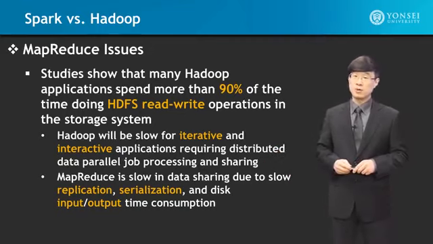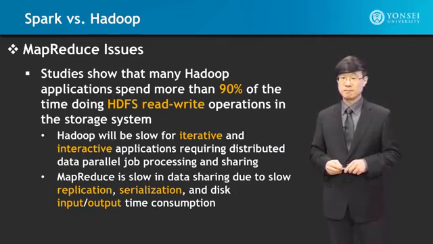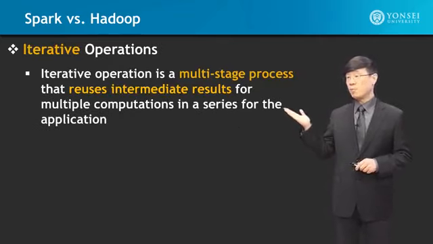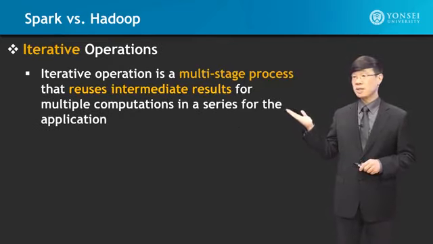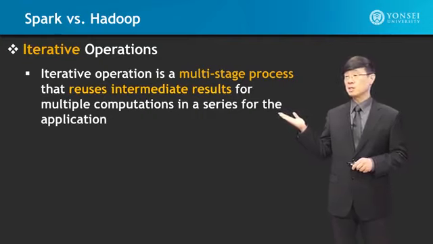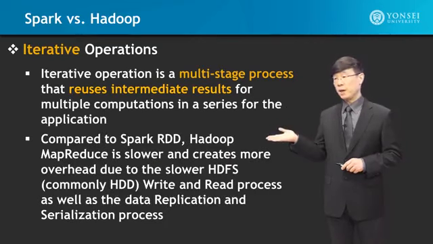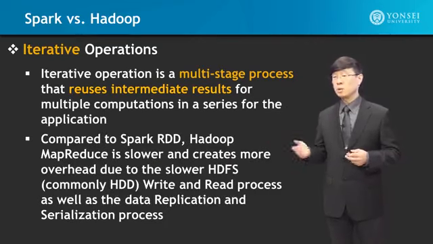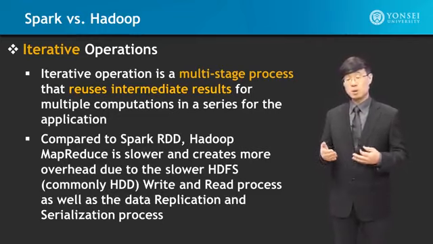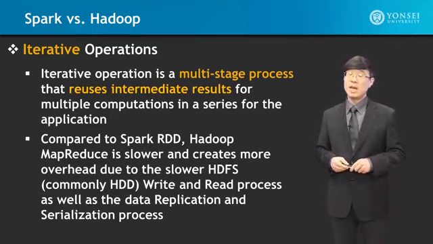We'll also include further details on serialization. Iterative operation is a multi-stage process that reuses intermediate results for multiple computations in a series for the application. Compared to Spark RDD, Hadoop is slower because of the multiple reads and writes to the HDD HDFS.